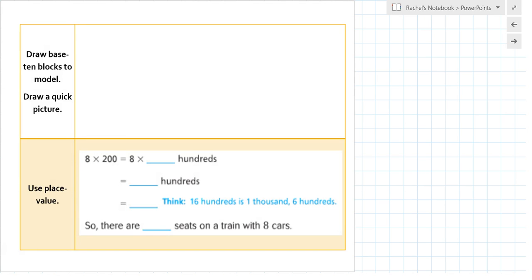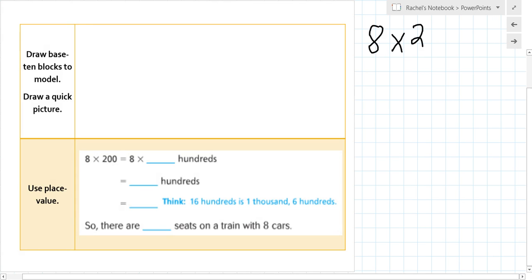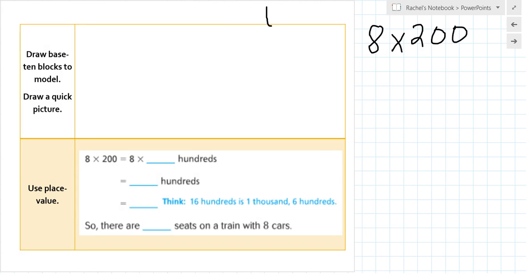So the problem was 8 cars and each of them have 200 seats. To model that with base 10 blocks, it's really like saying 8 rows of 200 or 8 groups of 200.